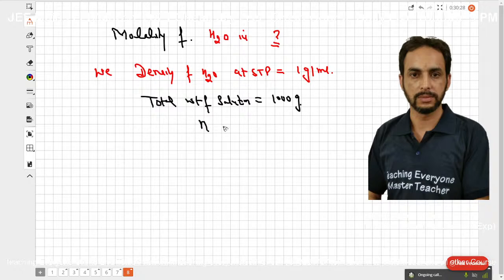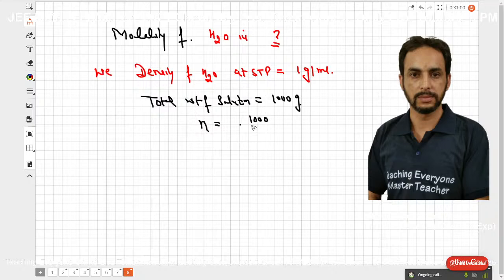then number of moles, total weight of solution is 1000 gram, then number of moles is equal to how much? It will be 1000 upon 18, because the weight of solution is 1000 gram and all of it is water.